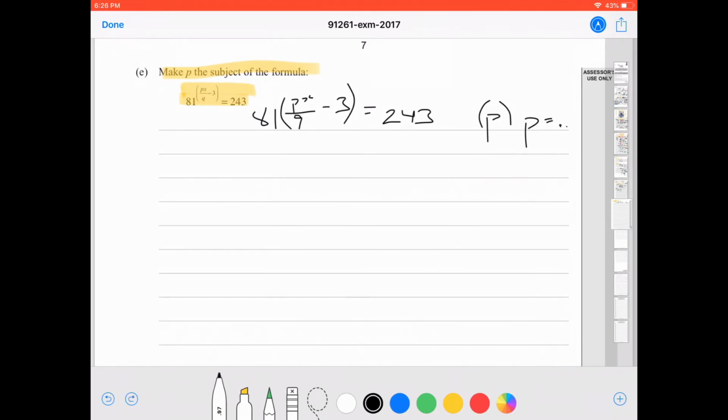Okay, so the first thing we want to do here, and actually I'm looking at my notes and I'm looking at the marking schedule. There's a number of ways of doing it. Let's say, now coming from MCAT, going from level 1 to level 2, you would hopefully see that 81 and 243 can be written in powers of 3, right?